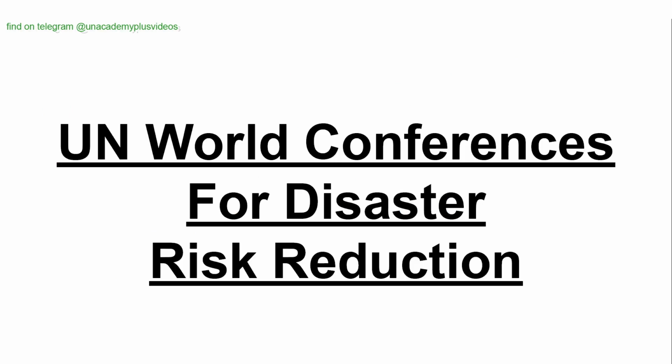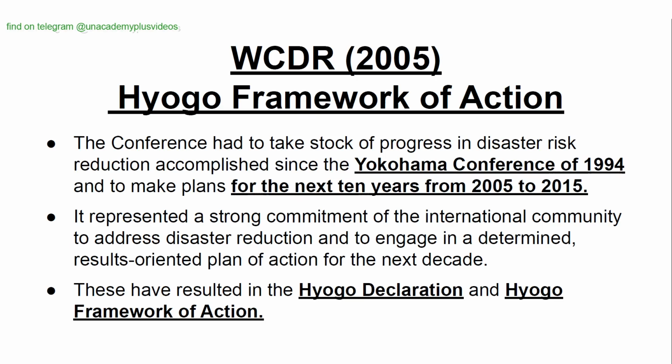For natural disasters, UN World Conferences for Disaster Risk Reduction. World Conference for Disaster Risk Reduction 2005, Hyogo Framework of Action. The conference had to take stock of progress in disaster risk reduction accomplished since the Yokohama Conference of 1994 and to make plans for the next 10 years from 2005 to 2015 and then later further.